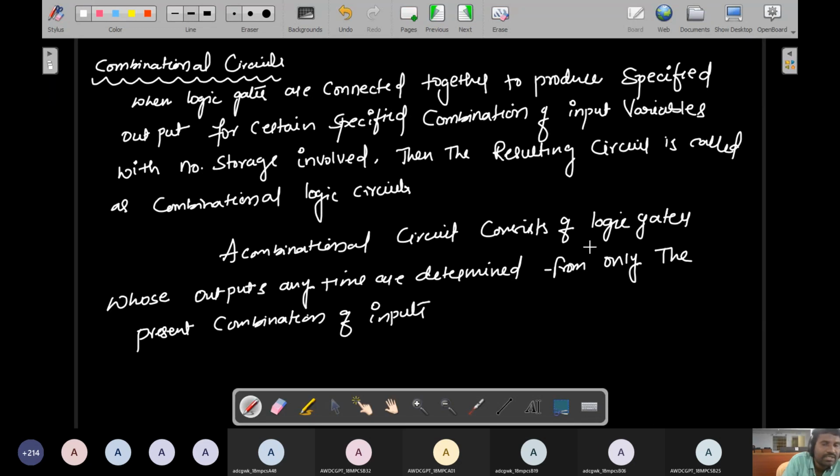Understand? So the combinational circuit consists of logic gates whose outputs at any time are determined from only the present combination of inputs.